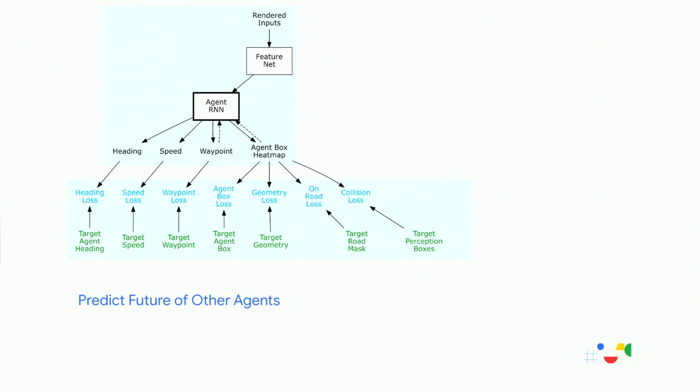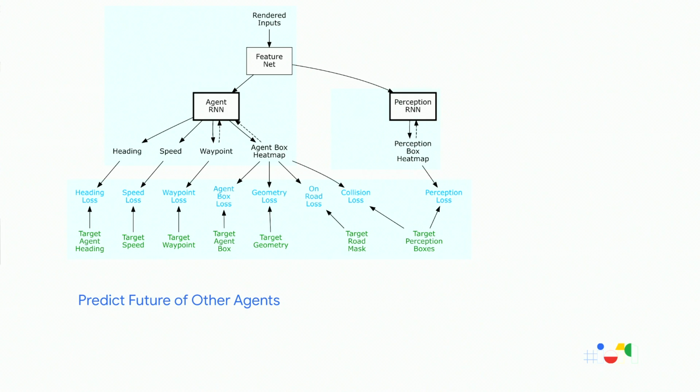This is precisely what we do with the addition of another network here that's shown as perception RNN in this image. This is again a recurrent neural network, but instead of predicting our own future, it predicts the future of all the other objects in this scene. If you pay closer attention, you can see that this particular output is also driven by the same set of target boxes which we used for measuring collision.